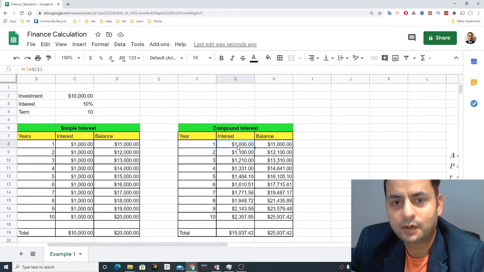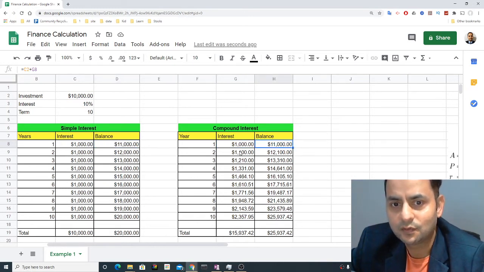So what is compound interest? In the first year it's the same, there is no difference, 1,000 and 1,000, because 10,000 times 10% gives 1,000. In the initial year there is no change, so the balance is the same.